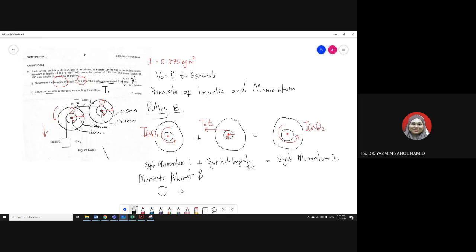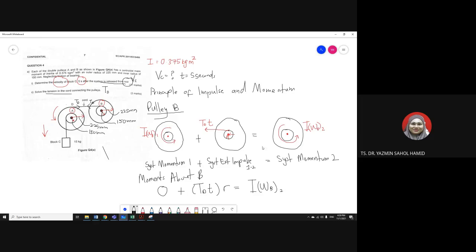Again, plus T_D, the tension of cord TD, multiplied by t, and you must not forget to multiply by R, equals to I omega B, for system momentum 2.